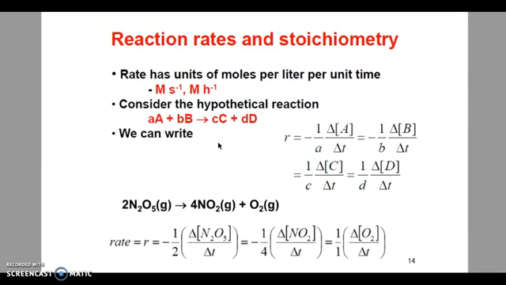Reaction rates and stoichiometry. Rate has units of moles per liter per unit time. Here we can consider a hypothetical reaction.